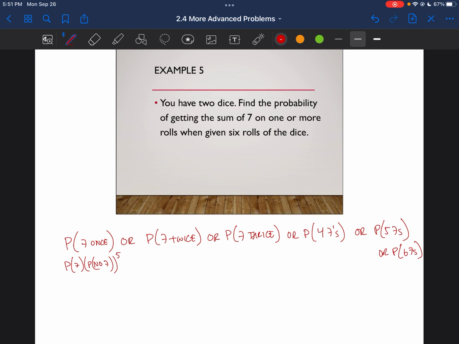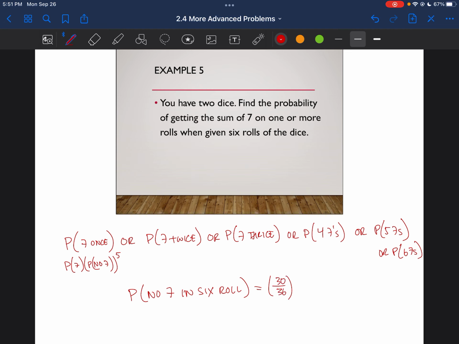So we can think of the complement of getting a 7 1 or more times is that I never got a 7. Let's find the probability that I never rolled a 7 in 6 rolls. So the probability that I never get a 7, remember the probability of getting a 7 is 6 out of 36. So the probability that I don't get a 7 is 30 out of 36.